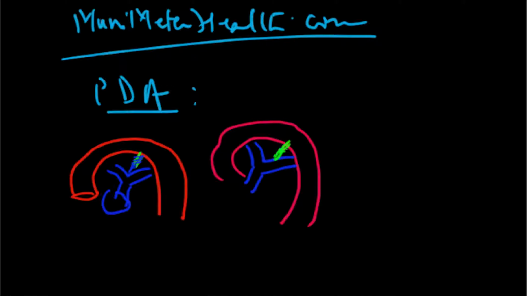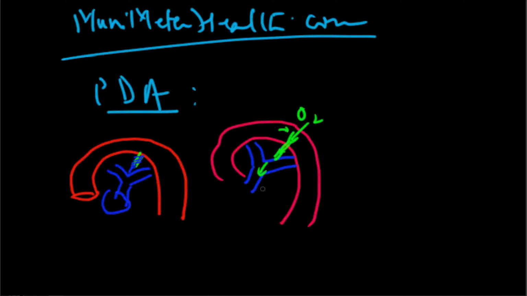If it stays open, the left to right shunt will begin. Why? Because the aortic pressures are higher in the newborn, and these pressures will drive oxygenated blood, remember, oxygen-rich blood which is in the aorta, flowing into the pulmonary artery. So it is a cyanotic condition initially.